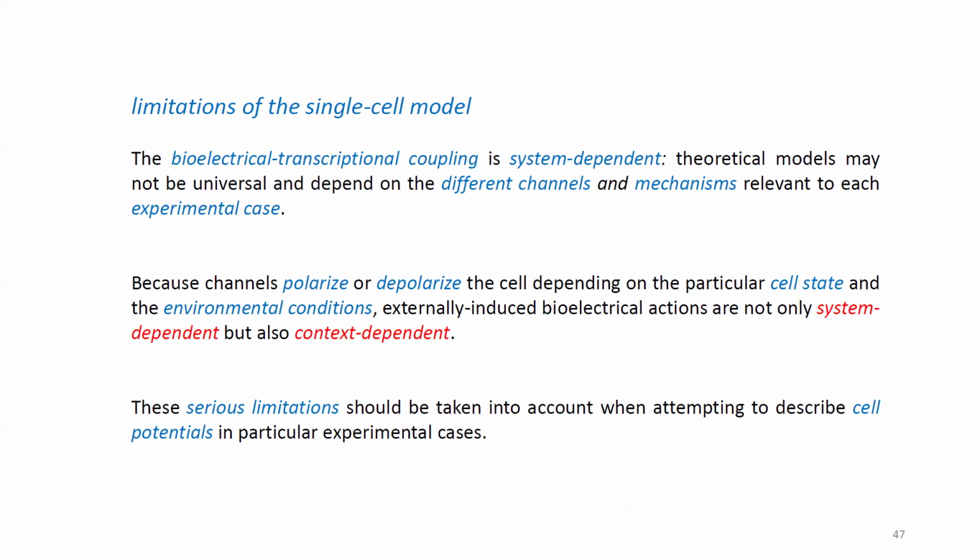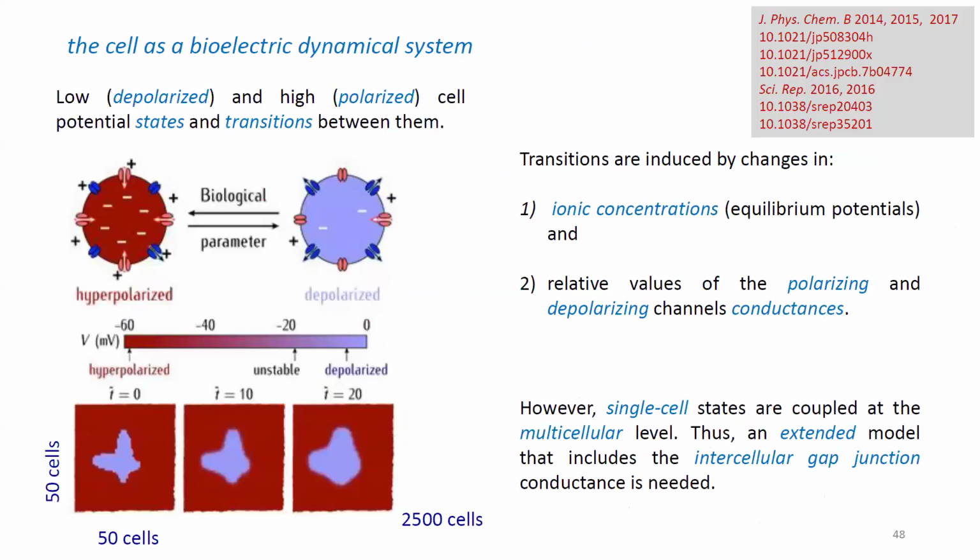So this should be taken into account when trying to model the system or to act externally on the system. But the important thing is that we have a relatively simple theoretical scheme that considers the cell as a dynamical system, and this dynamical system can show transitions between the depolarized and the polarized cell states.